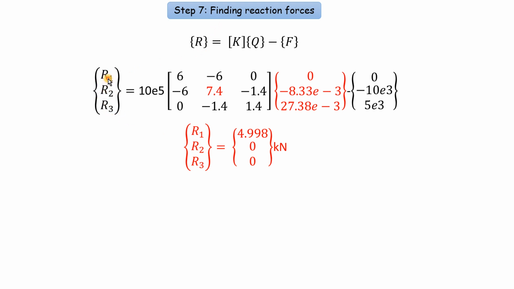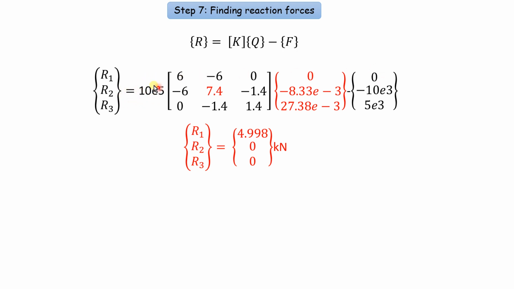Since reaction will be there only at node 1. Why only at node 1? Because only node 1 is fixed. Node 2 and node 3 are not constrained, so reactions at node 2 and node 3 will be 0. Now you need to only find out the reaction at node 1. So you have the first equation here. The only unknown is R1. So multiply this first row with this displacement matrix and equate it to minus this force into 10.